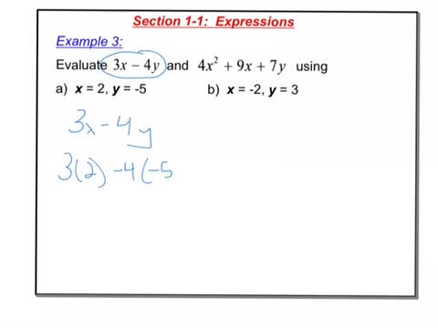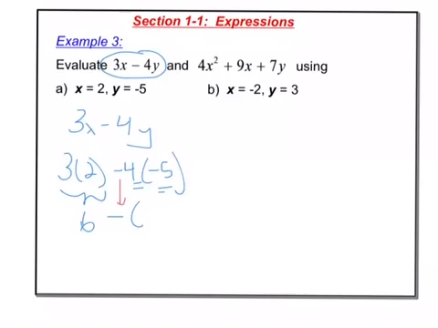So once we do that, we're going to go ahead and follow order of operations, and we're going to do 3 times 2, which gives us 6. You can leave this as a minus right here, or you can make it plus negative, whatever is easiest for you. If I leave that as a minus sign, then I'm doing 4 times negative 5, and we know that's going to give me negative 20.